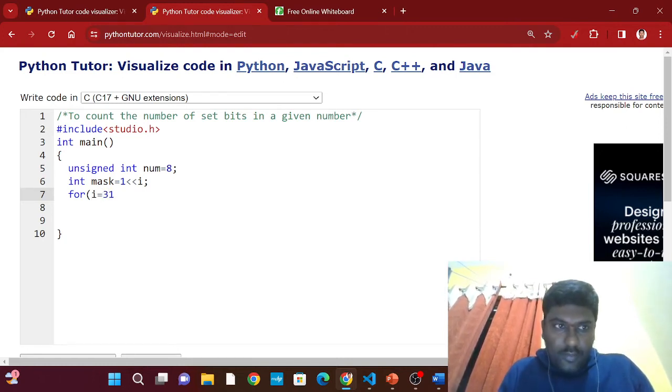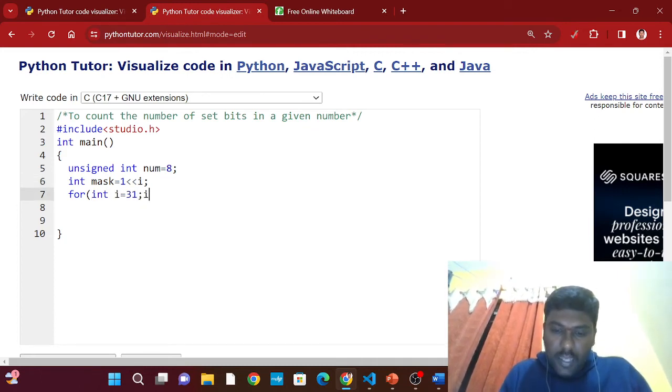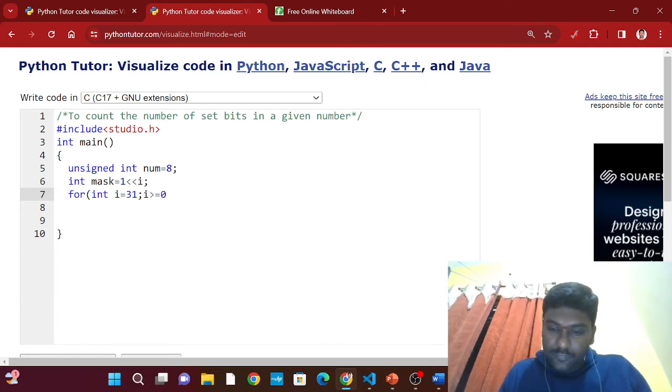So I'm going to represent, okay, here only I will write int i equal to 31; i greater than or equal to 0; i minus minus. That means the i value is going to keep on decrementing.